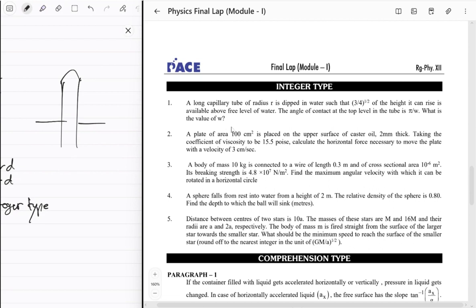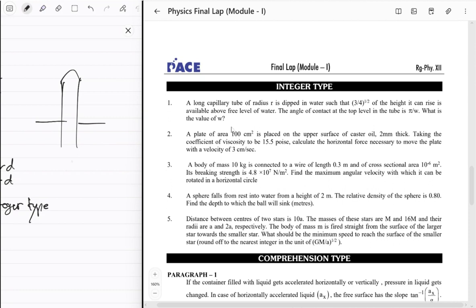The angle of contact at the top level in the tube is pi upon W. What is the value of W?